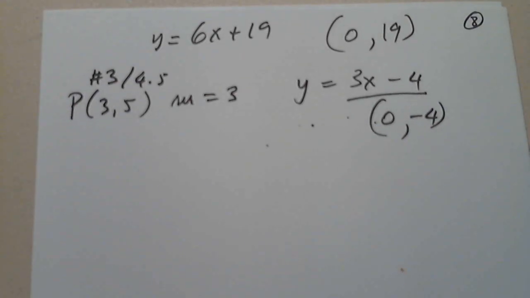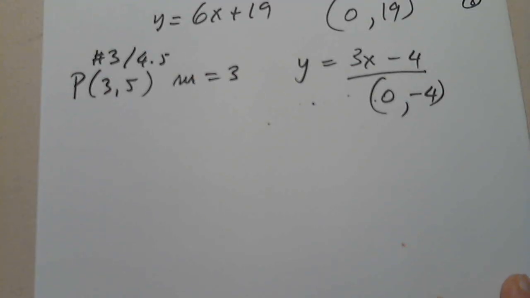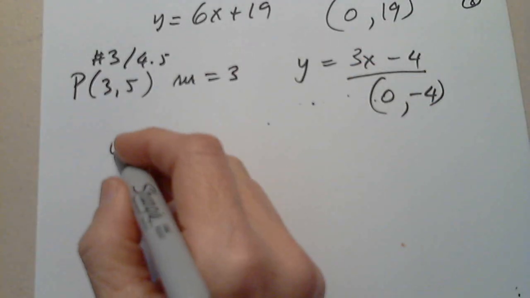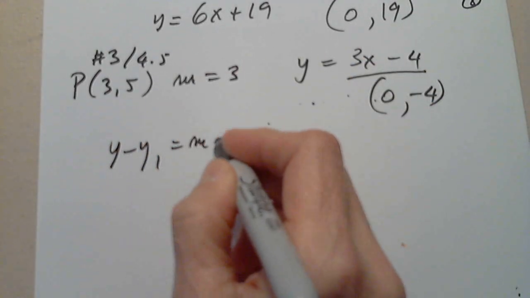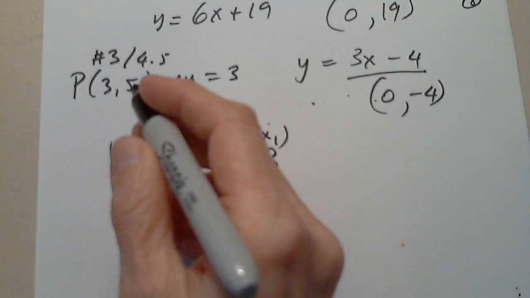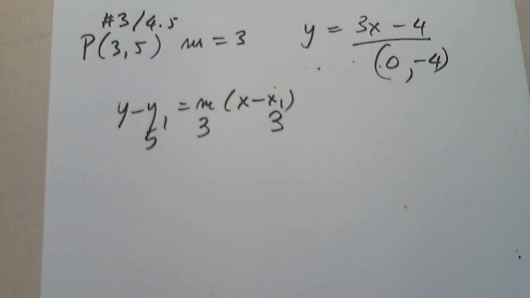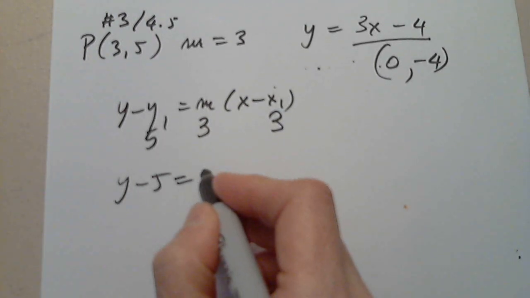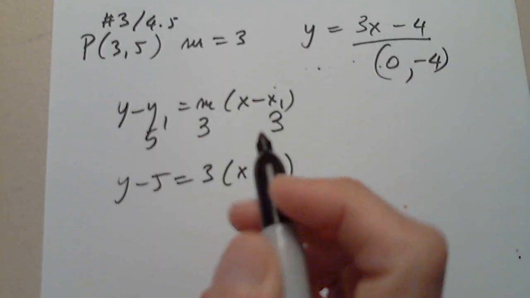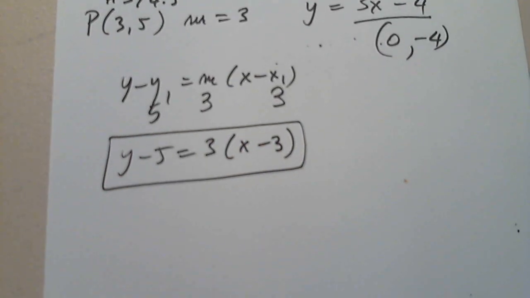Let's take a look. Anything is possible. Although it says already it was correct. But anyway, we have y minus y1 equals the slope times x minus x1. So x1 is 3, y1 is 5, and the slope is 3. So I have y minus 5 equals 3 times x minus 3. So this is what we should have entered because they wanted a point slope form.